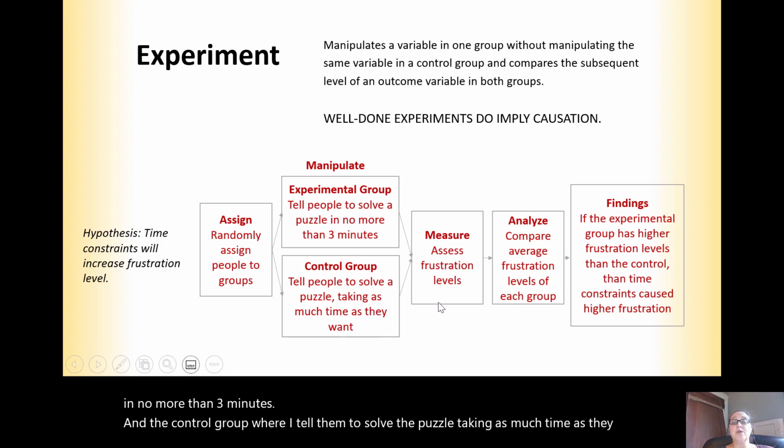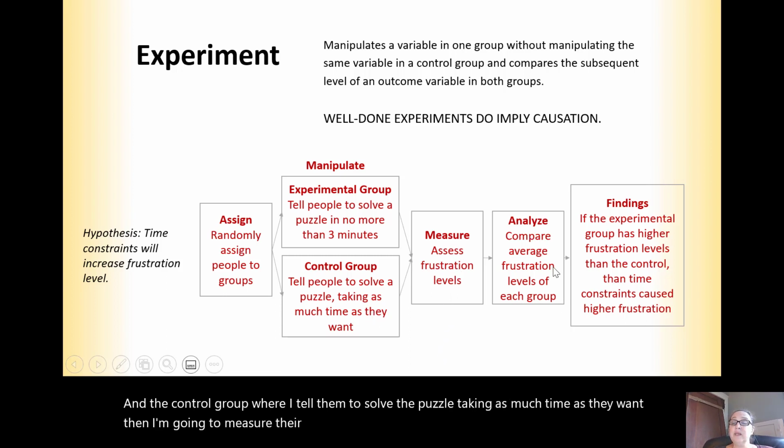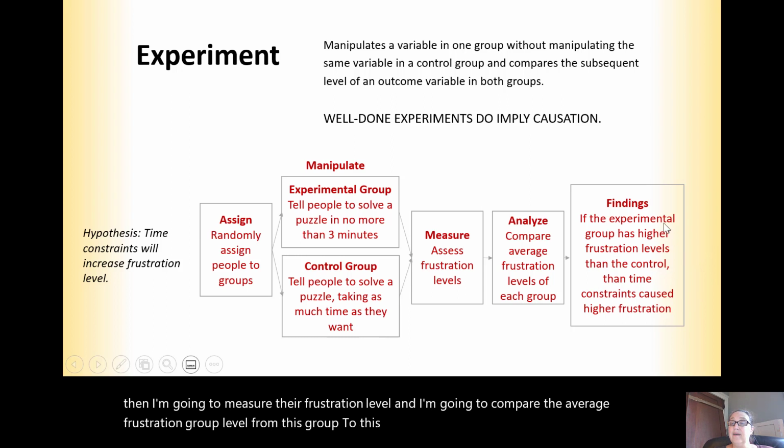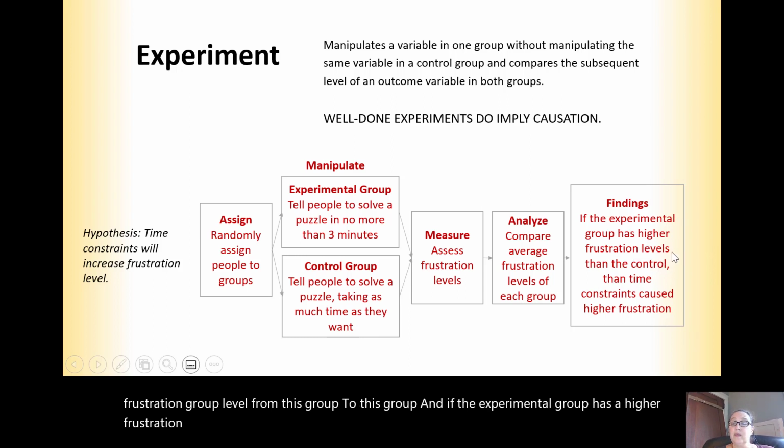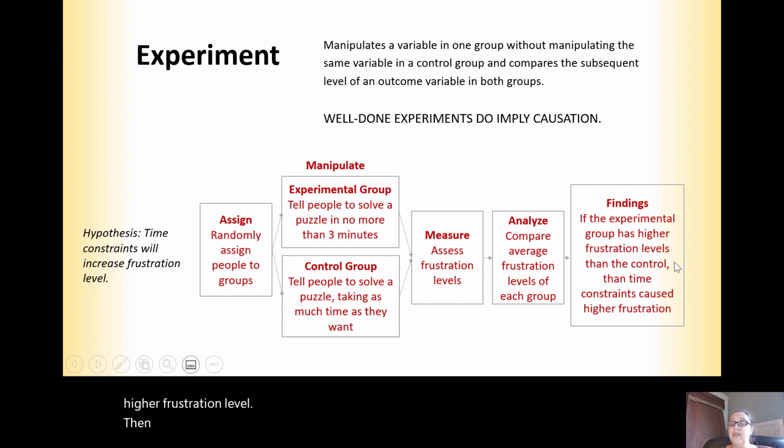Then I'm going to measure their frustration level and compare the average frustration level of this group to this group. And if the experimental group has a higher frustration level than the control group, then I get to say time constraints caused higher frustration. That's the basis of an experiment.